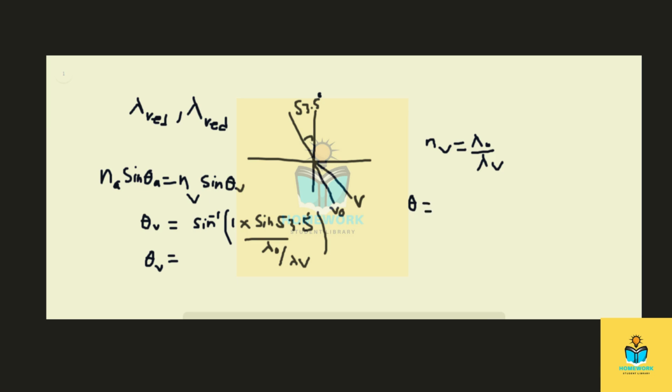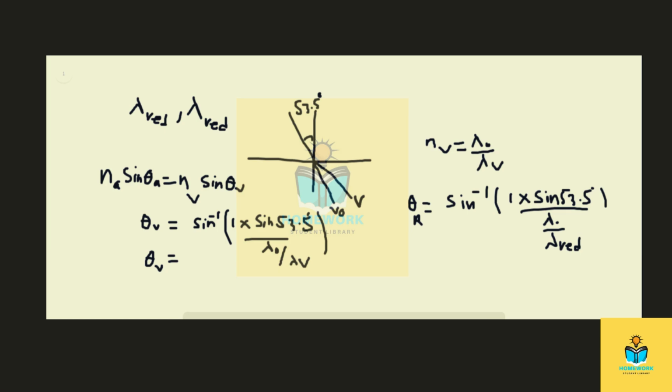The only difference will be we will replace lambda V here by lambda R. So we'll write here sine inverse of 1 times the same thing, sine of the 53.5 degree angle of incidence, over the lambda in a vacuum over lambda for red light.